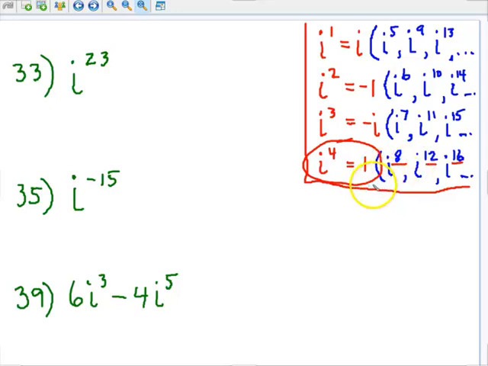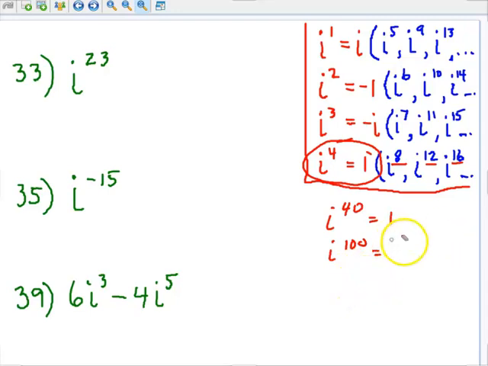If I is raised to a multiple of 4 power, it always equals 1. So in other words, I to the 40th is equal to 1 because 40 is a multiple of 4. I to the 100th equals 1. I to the 88th is equal to 1.